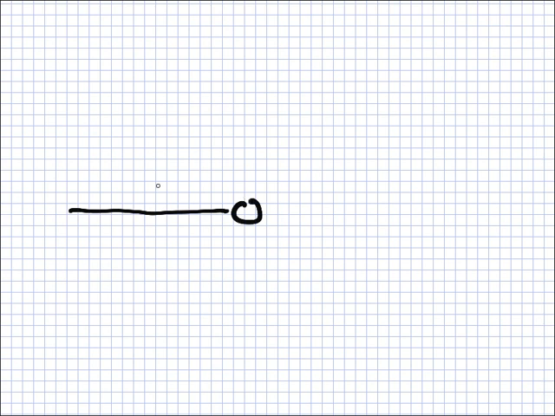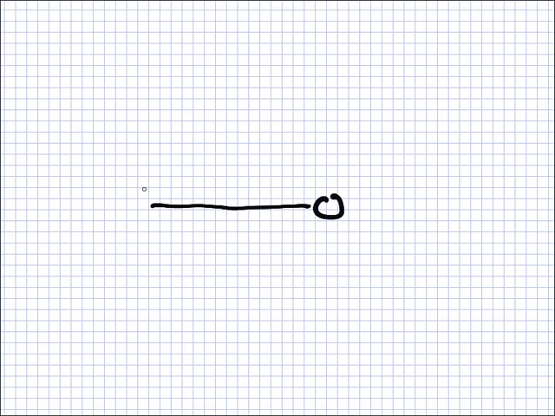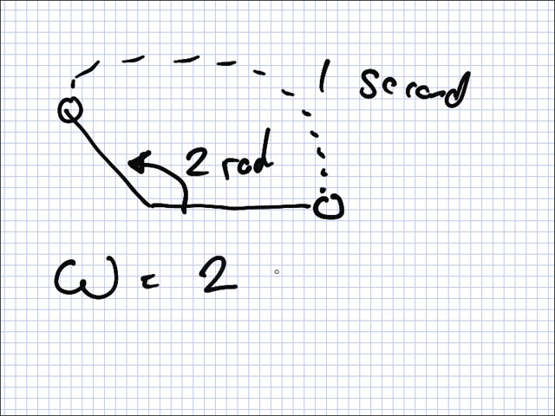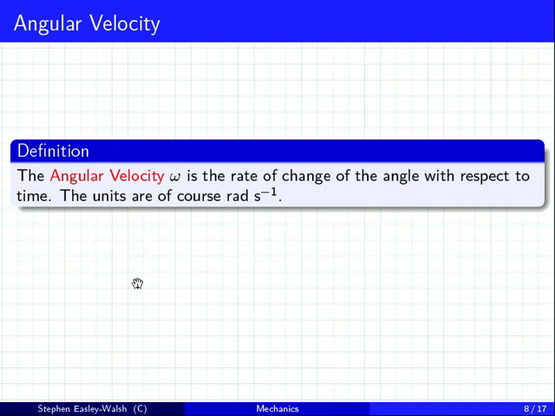It starts here, and then maybe it moves 2 radians in 1 second. Okay? We would say its omega is 2 radians per second. Basically, how quickly the angle changes. Okay? So if you can write that down, that's the angular velocity.